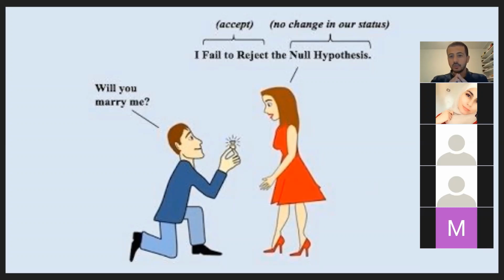Now, how can I conclude the null hypothesis from the question? From the question "Will you marry me?", how can I conclude the hypothesis? The null hypothesis is that this person is similar to everybody. If that is right, I cannot marry somebody who is similar to everybody.